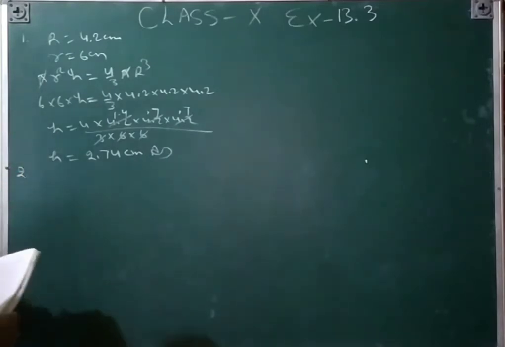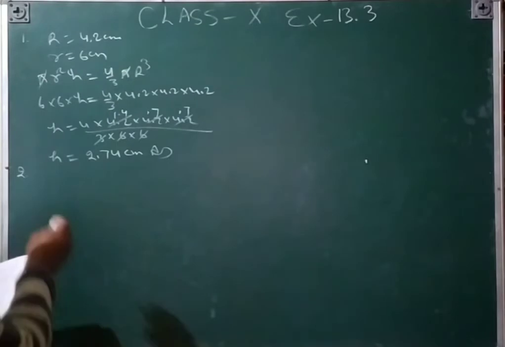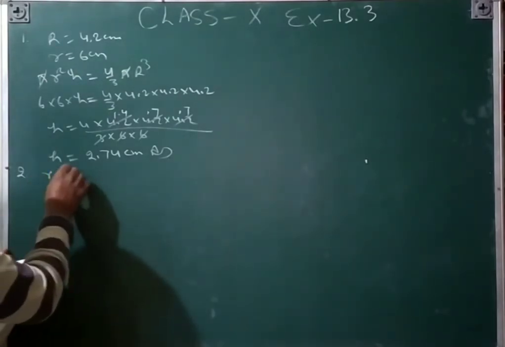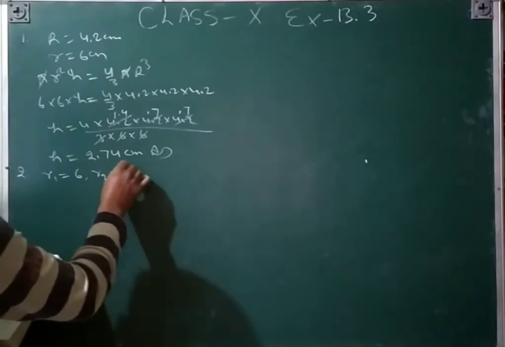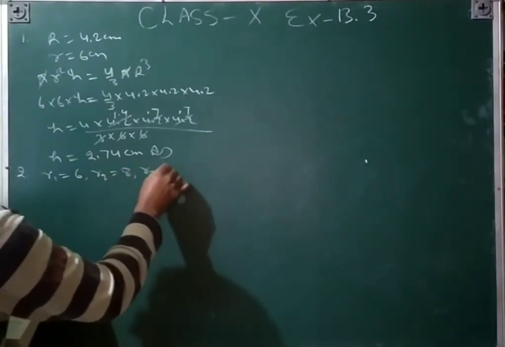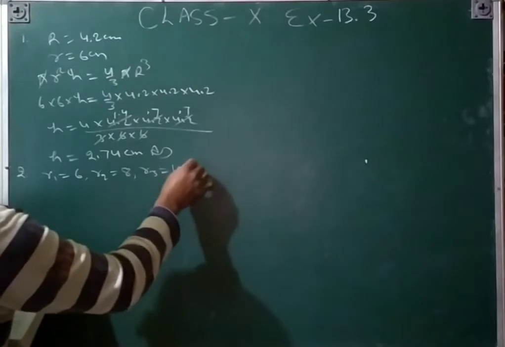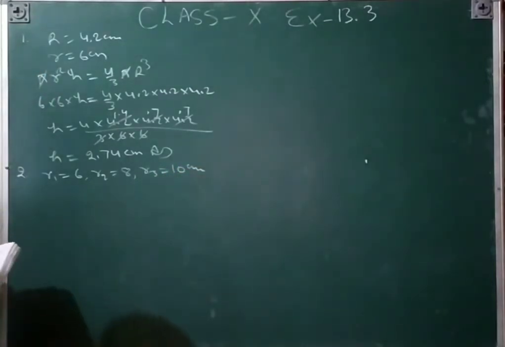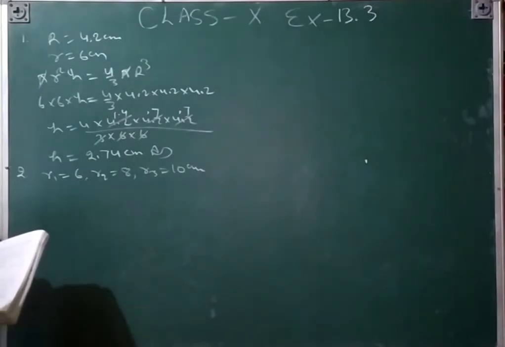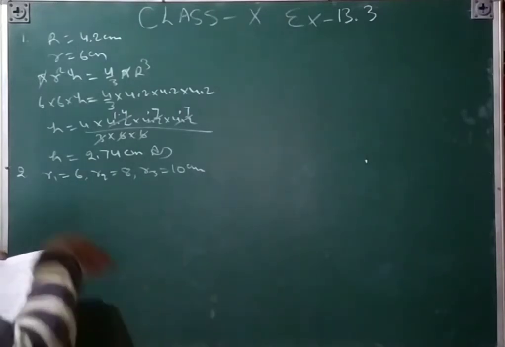And then the second question: metallic spheres of three radii are there. R1 is equal to 6, R2 is equal to 8, R3 is equal to 10, all given in centimeter. They are melted to form a single solid sphere.